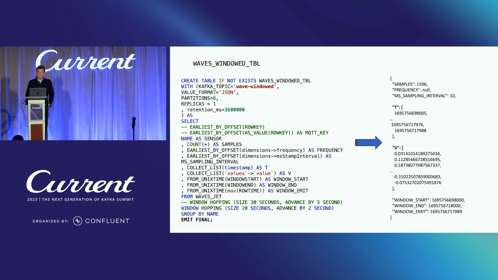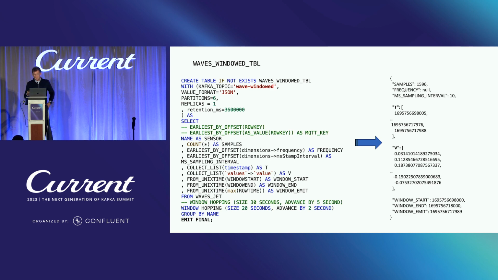And now the main part: we create a waves window table. So we create the table, provide the parameters, and now we're using this beautiful aggregate function, collect list. We collect all timestamps, we collect all values, and we do a hopping window of 20 seconds, advancing every 2 seconds, and group by name.